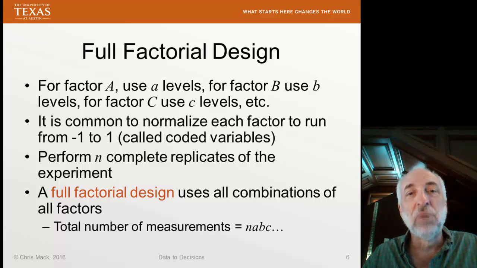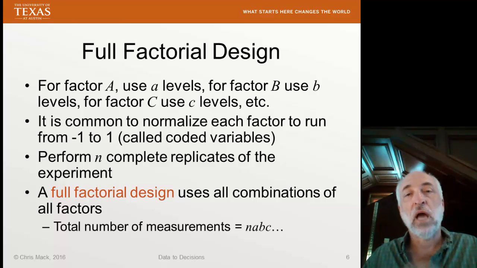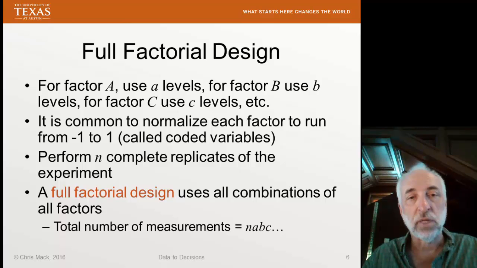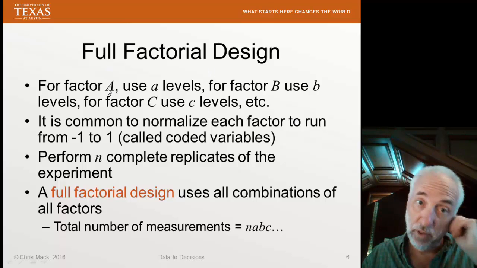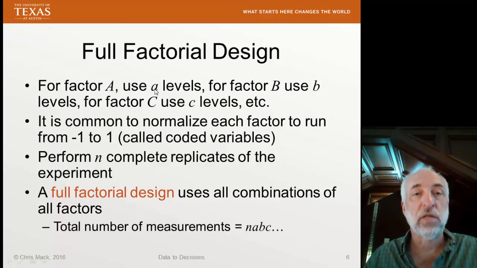And the most complete way of sampling our design space is the full factorial design. I have a number of factors, let's say A, B, C, maybe others that I'm going to use. I'll call capital A one of the factors, for example. Then we've got some number of levels that we're going to apply to that factor. I'll use little a to represent the number of levels of big A over some range that I've decided upon.